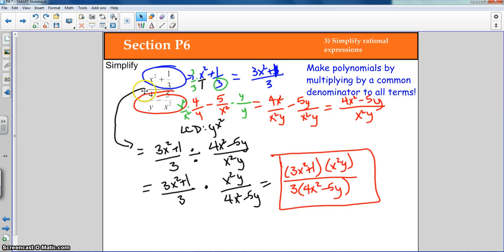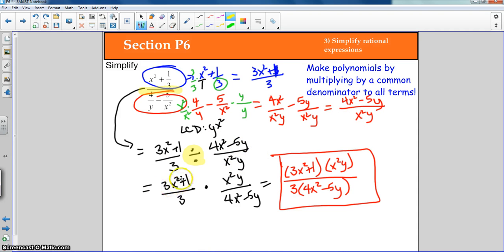Then really, if I have this bar, that represents division. That's why I wrote it as the numerator, that rational expression, divided by the denominator, whatever that rational expression simplified out to be.